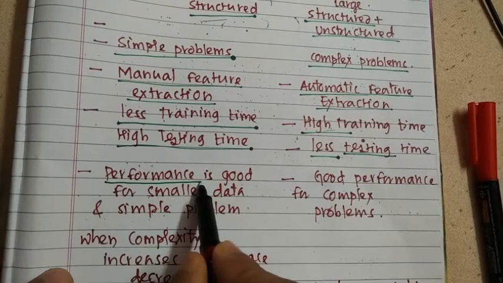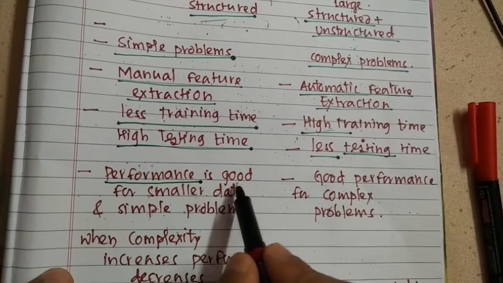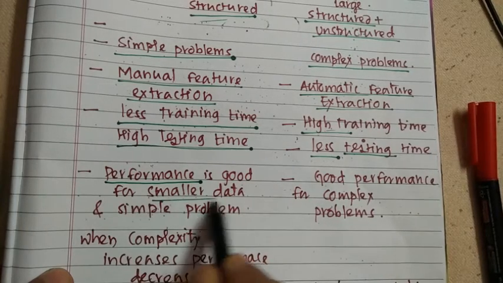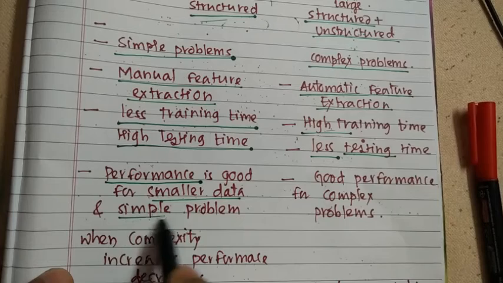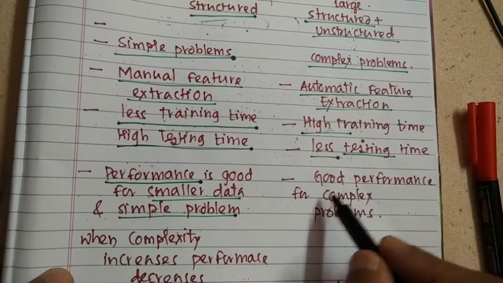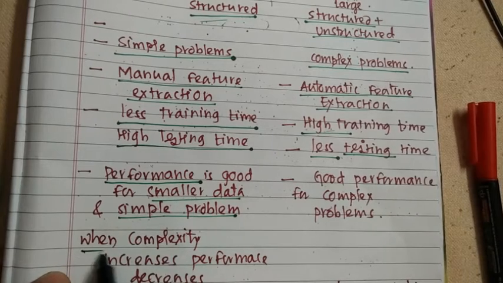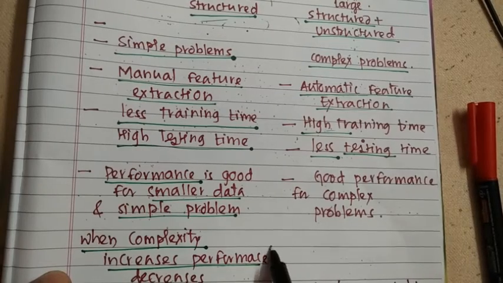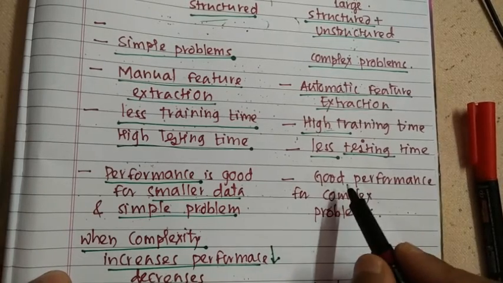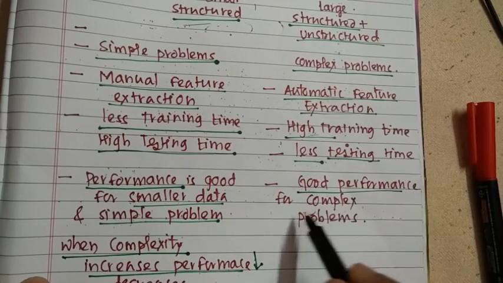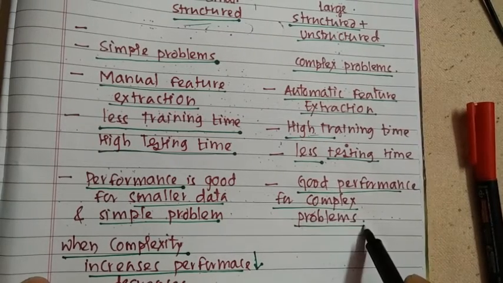As far as performance is concerned, machine learning is good for smaller data, simple data and simple problems. But if you increase the complexity, then the performance of machine learning decreases. Deep learning performs well for complex problems.